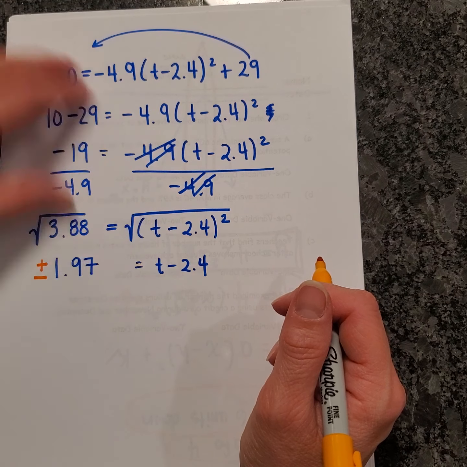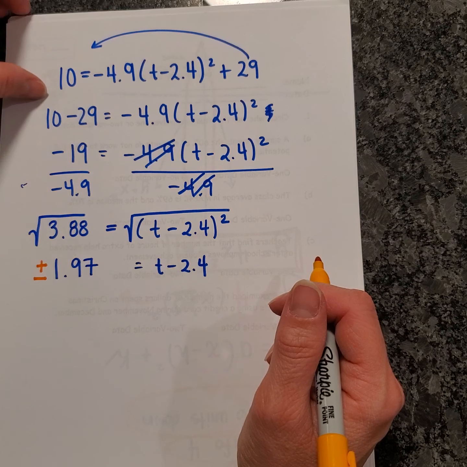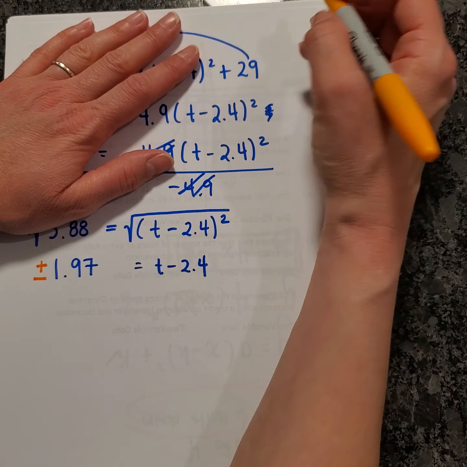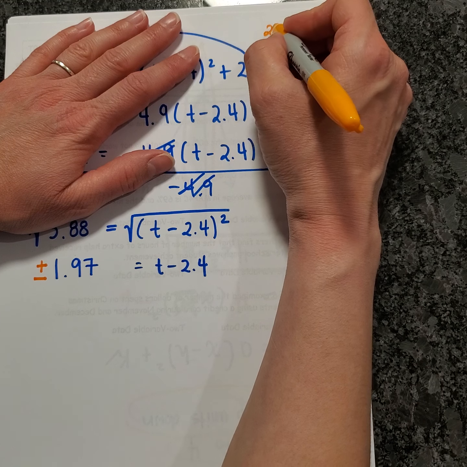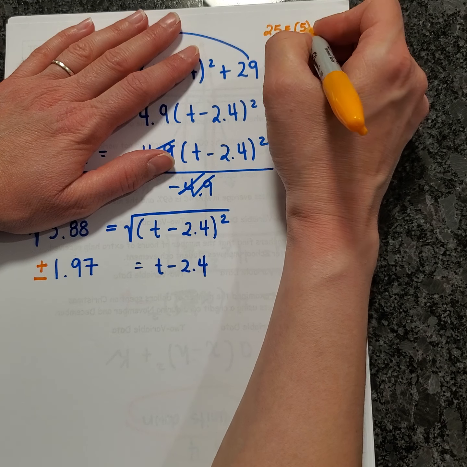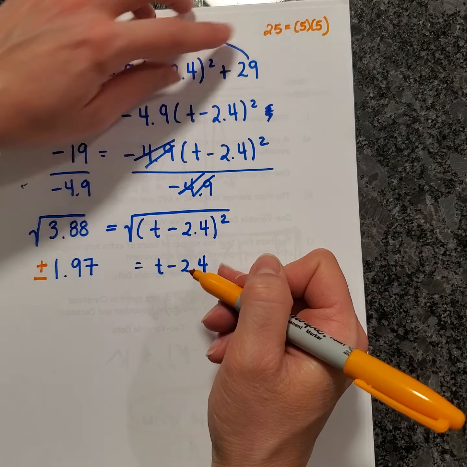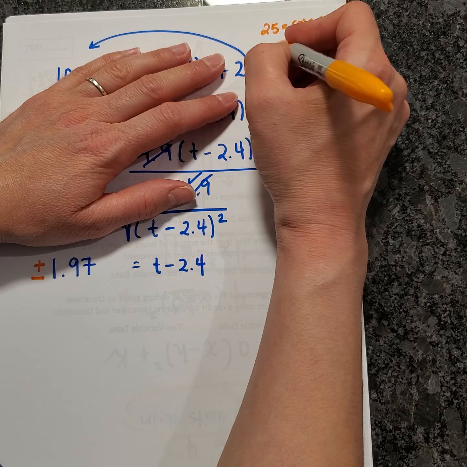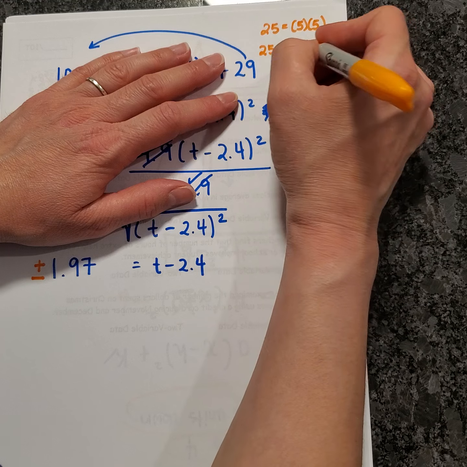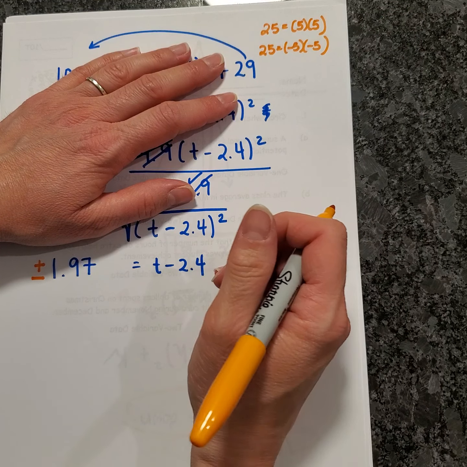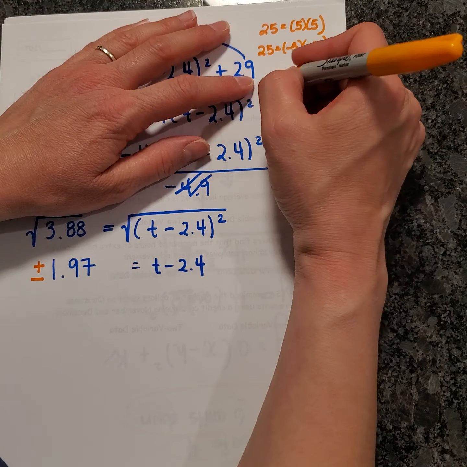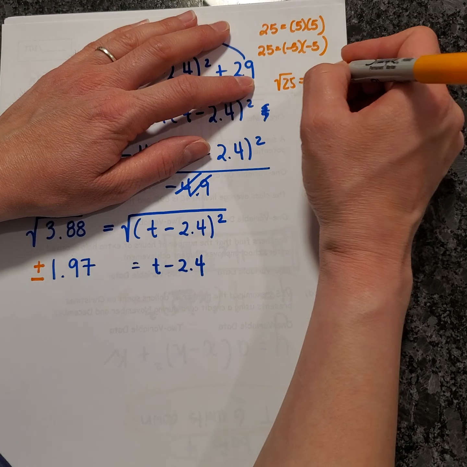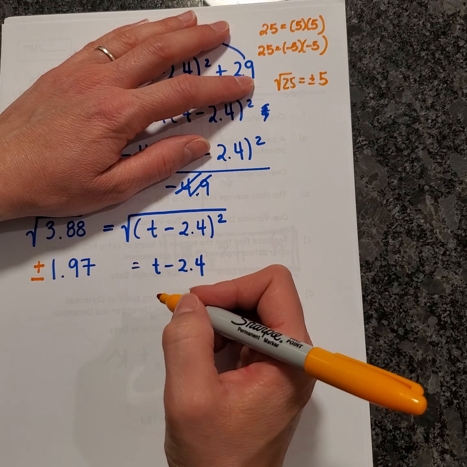So let's leave this for a second, just so that I can explain that further so you believe me, right? How do I get 25? Well, 25 is equal to 5 times 5, and the square root of 25 is 5. However, 25 is also equal to negative 5 times negative 5. So you really could say that the square root of 25 could be plus or minus 5.